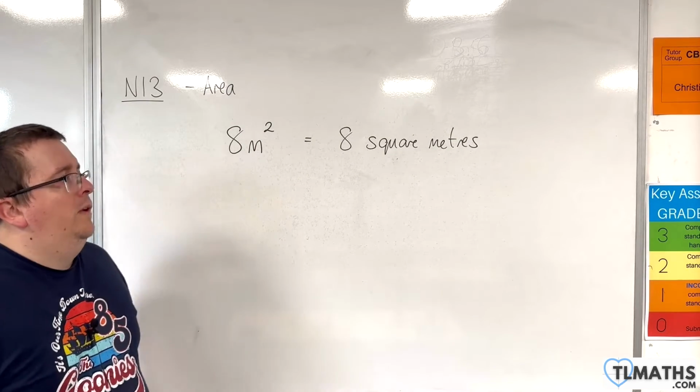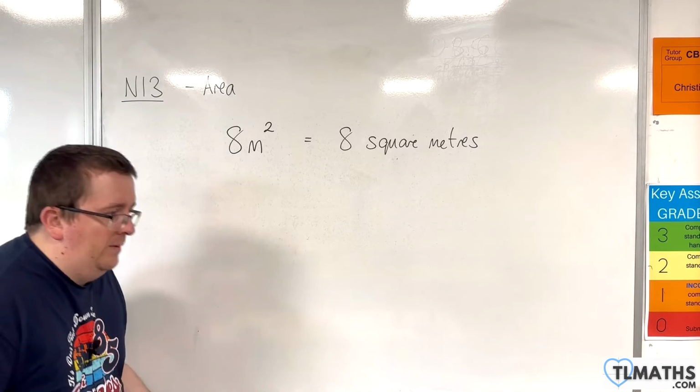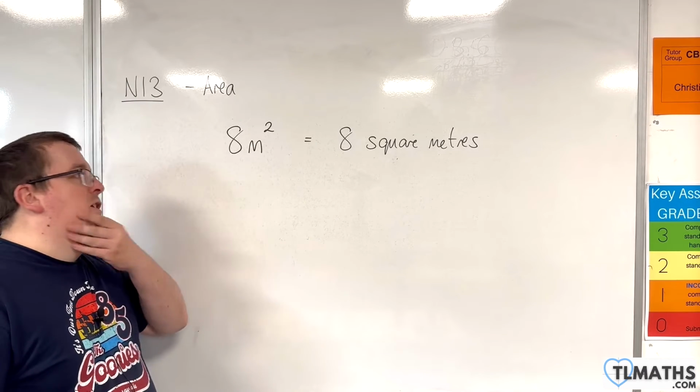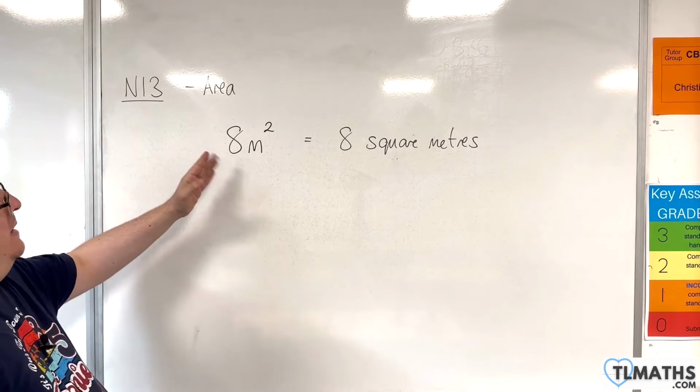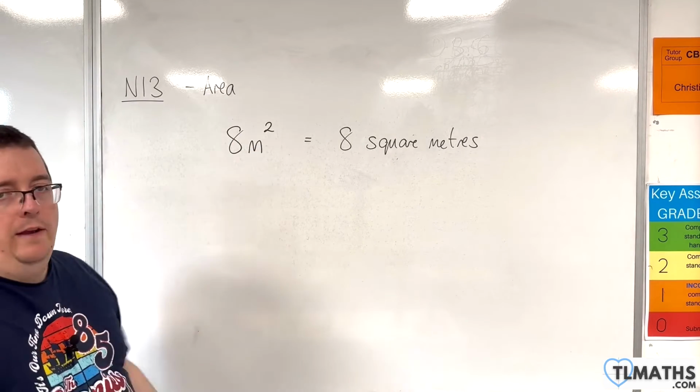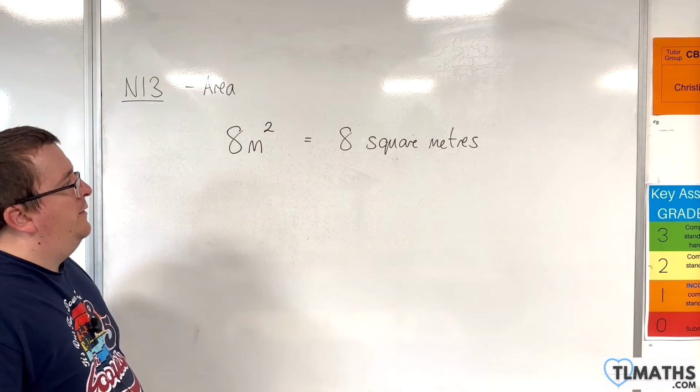Now, you'll likely be inclined, and I will probably say this all the time as well, and you will probably have heard it, reading it as it stands, 8 meters squared. Seems perfectly reasonable to say it that way round.